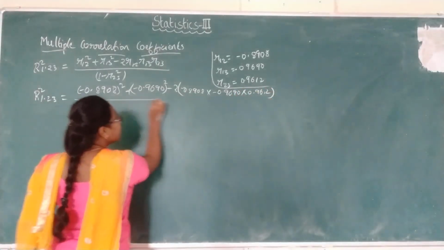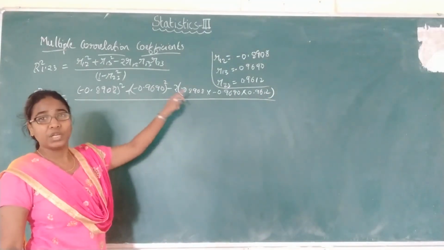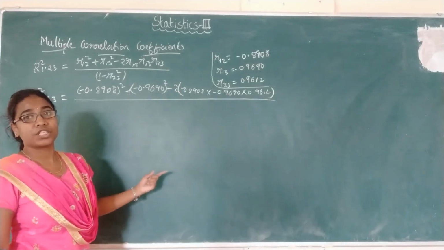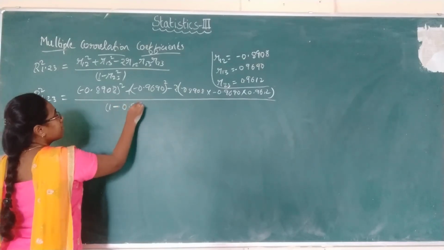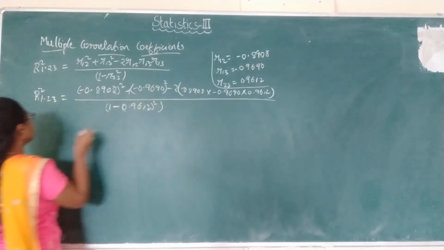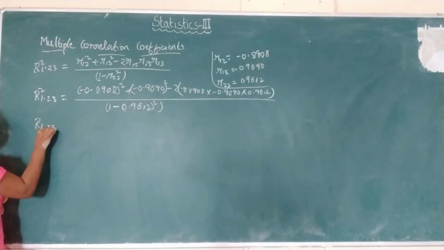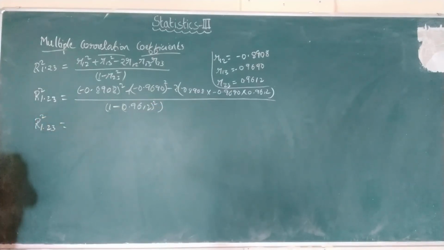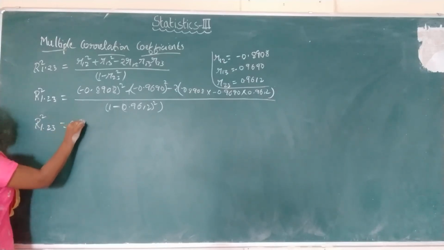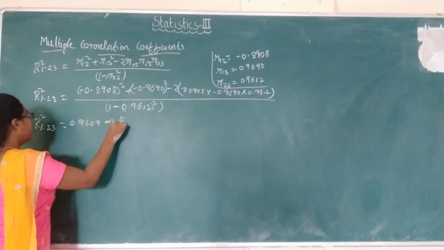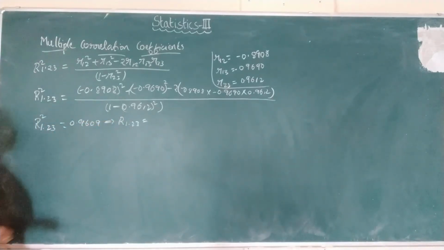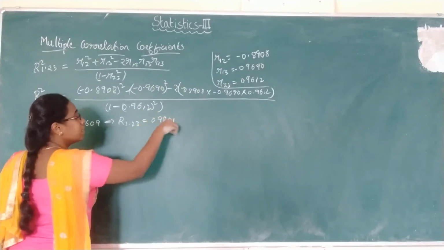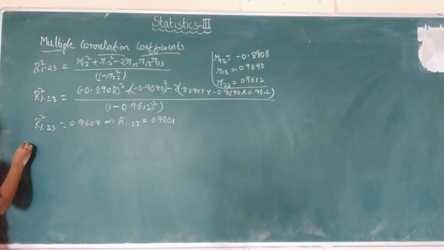Solve this equation carefully. First find this value, 2 into these three terms, because it's a constant for all three formulas, and 1 minus R23 is 0.9612 square. Therefore R square 1.23 is 0.9606. Apply square root to it, you will get R1.23 value as 0.9801. So this is the required R1.23 value.